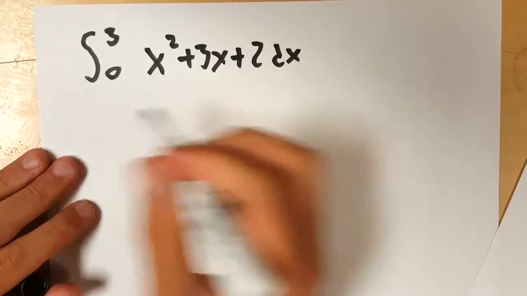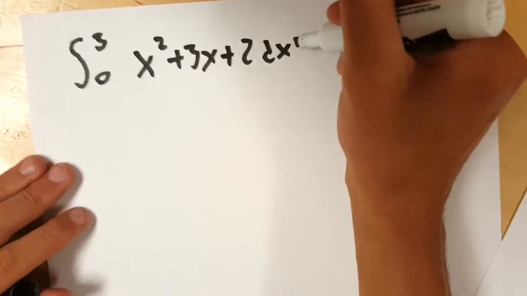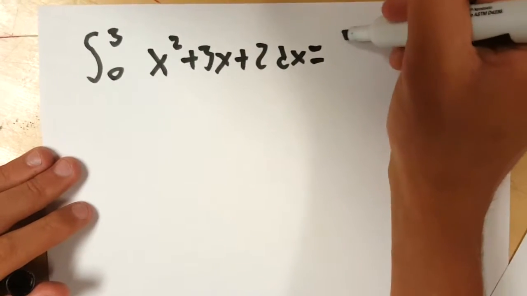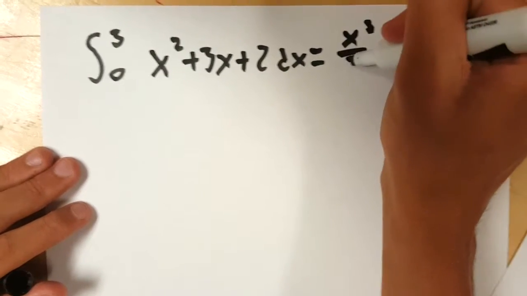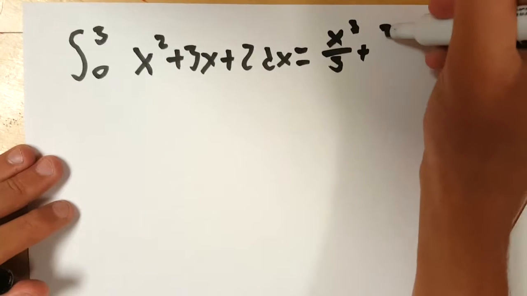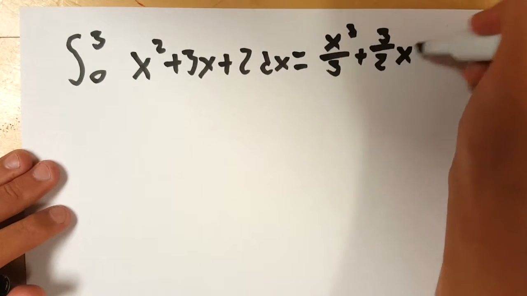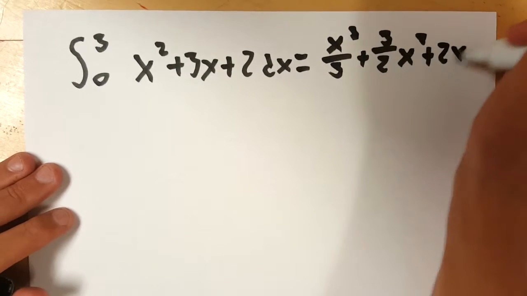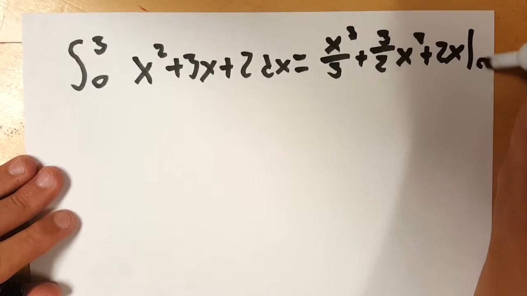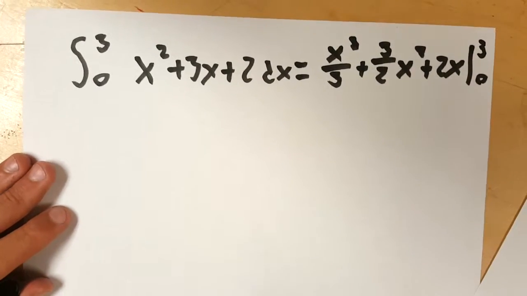Now you integrate that using the Fundamental Theorem of Calculus, and that will equal x cubed over 3 plus 3 halves x squared plus 2x on the integral of 0 to 3.